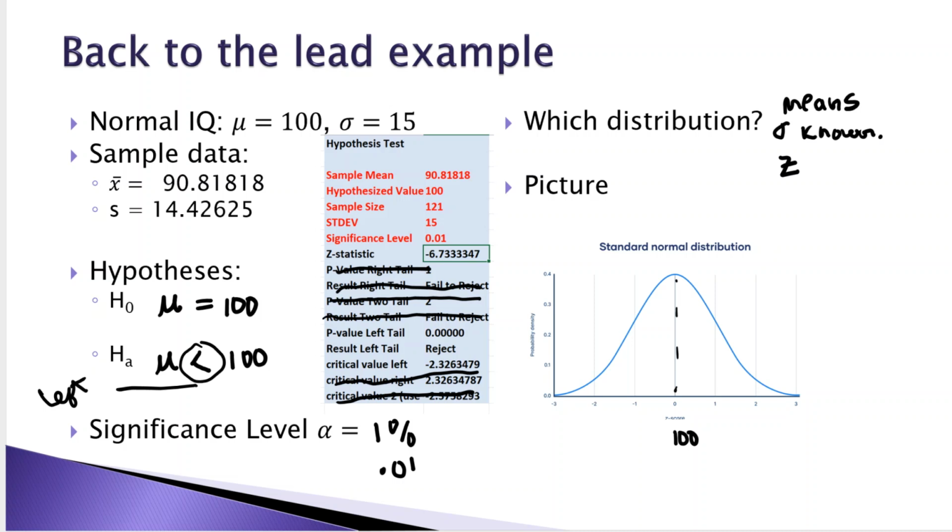So my critical value is a negative 2.326. This is my critical value. That's the dividing line between rejecting and not rejecting. That comes from alpha.